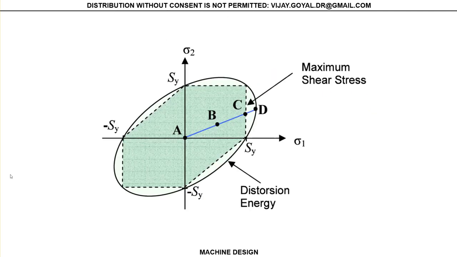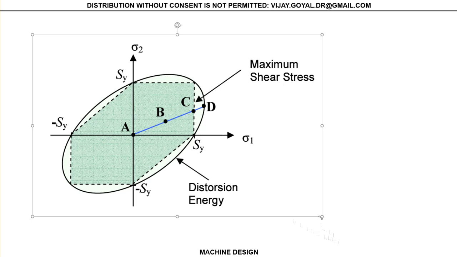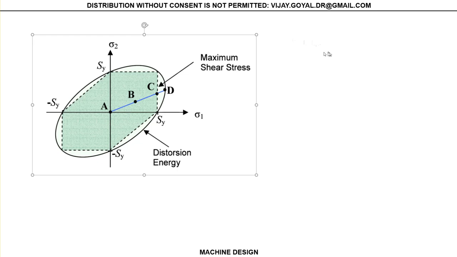Let's go understand how this really works. Let's suppose I have these points, point A, point B, point C, and point D, okay? And I'm asking you which point is safe and which point is not according to each one of the theories. So let's start with the maximum shear stress theory. For the maximum shear stress theory, is this dotted and darker shaded line region inside here?